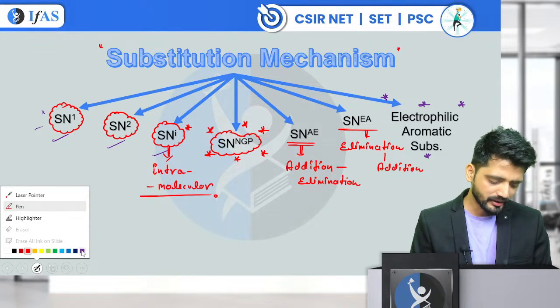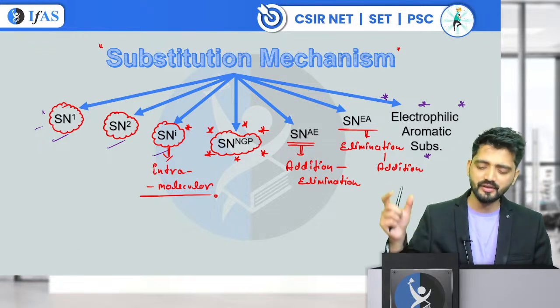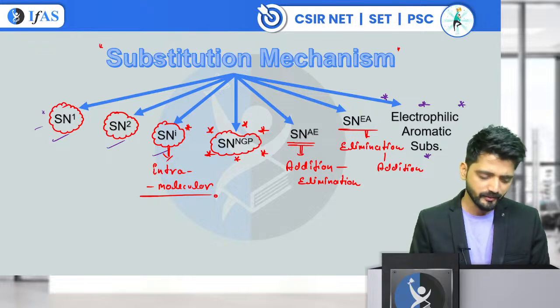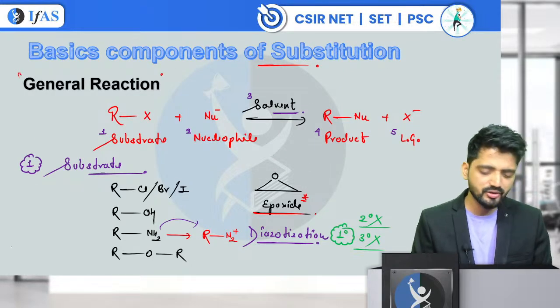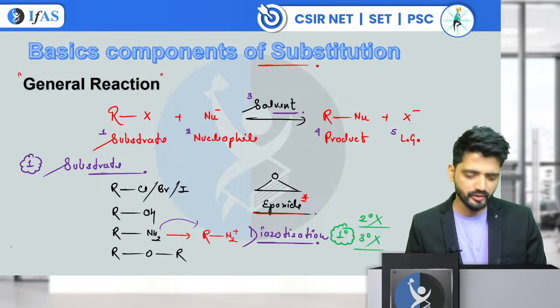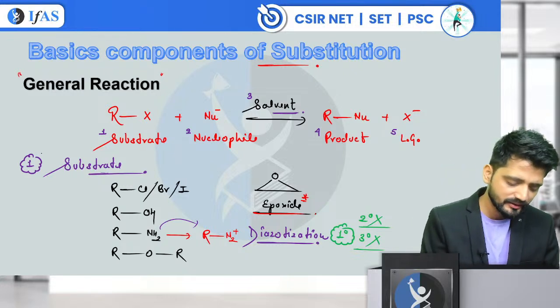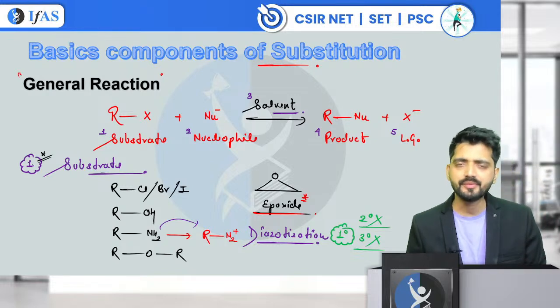So in substitution reaction, we were seeing that we have to study all these mechanisms. Along with this, we have an electrophilic aromatic substitution part, which we will be covering. Before going to the mechanisms directly, I started with the very general components of a substitution reaction. The basic components involve the substrate. These are the following substrates which we can see in a substitution reaction.